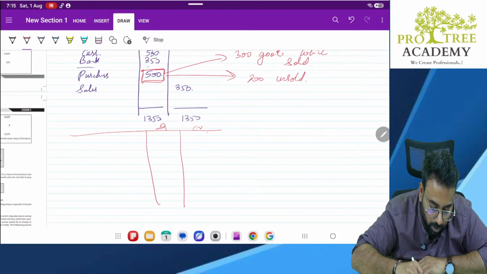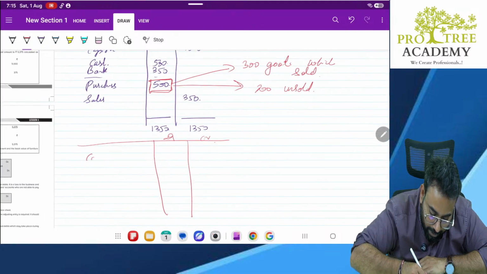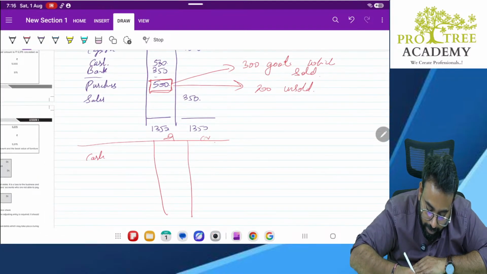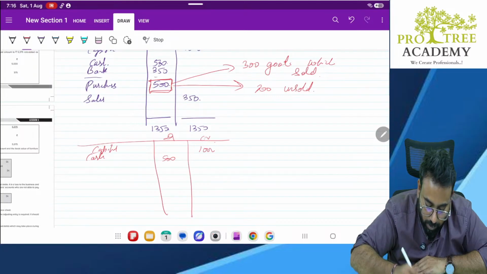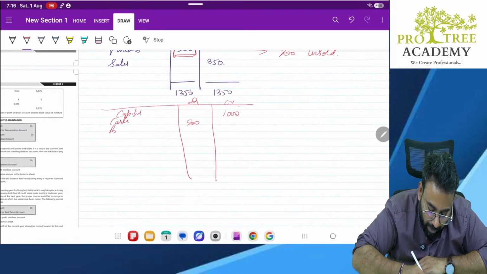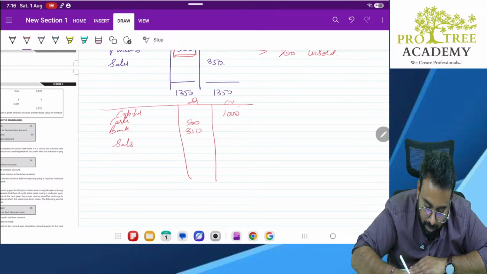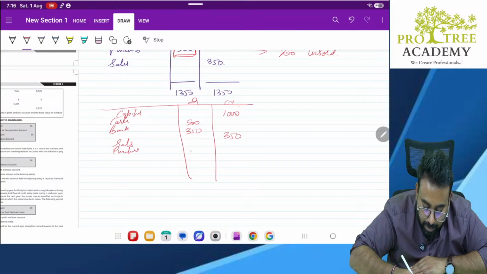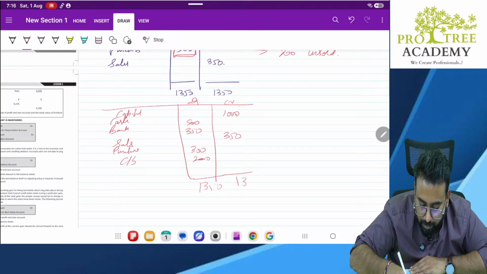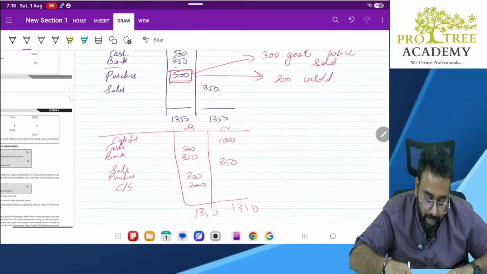Okay, you want to show the closing stock? Okay, sir. Cash 500. Capital 1000. Bank 350. Sales 350. Purchases 300. Closing stock 200. You are understanding what we did here?